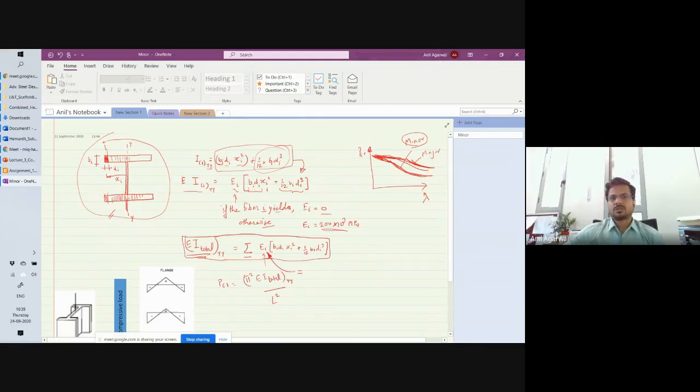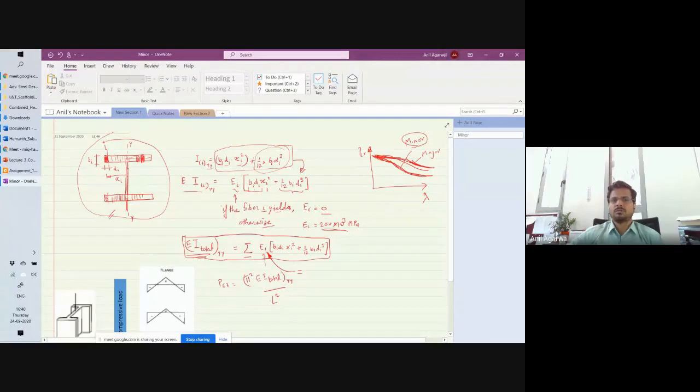So I need to know the distance of each fiber from the neutral axis. There is no advantage in cutting the fibers this way, one fiber here and one fiber here. I could just account for both of them together as a single fiber. That makes sense. But here, the contribution of this fiber will be very different from the contribution of this fiber, so I should not do that.